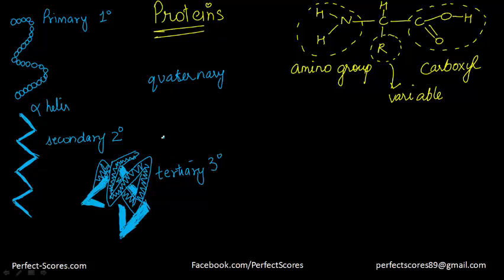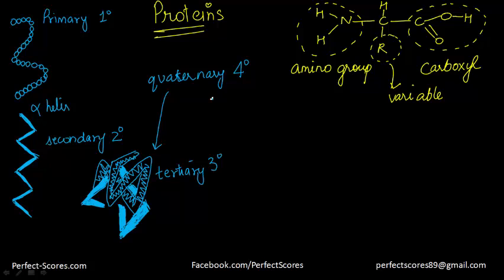You can see there are two groups, so two different chains of the protein. This is the quaternary structure, which is the 4-degree structure, and it's seen only in some proteins, for example, in human beings, the special protein known as hemoglobin.